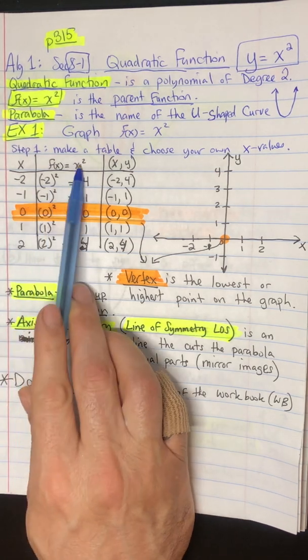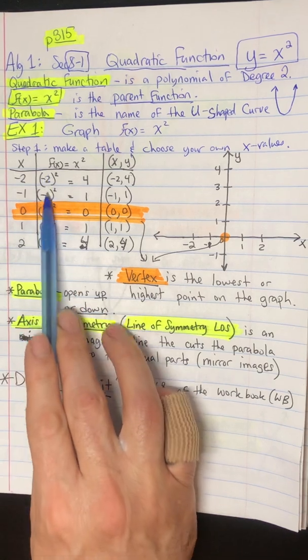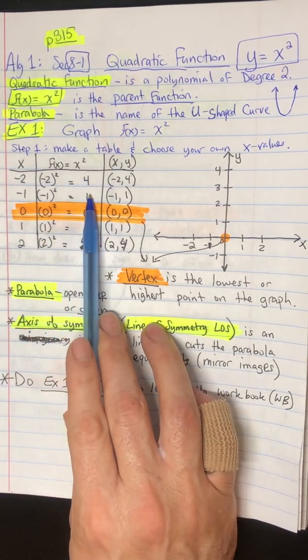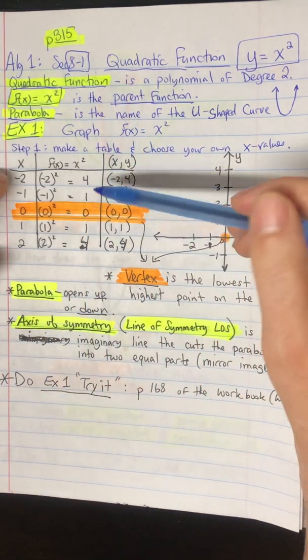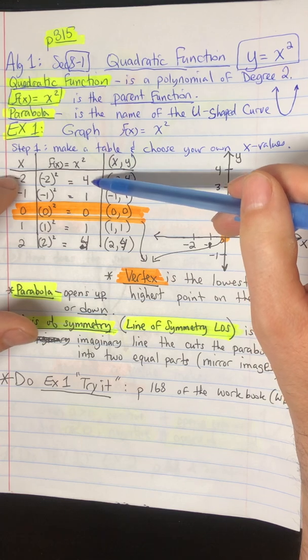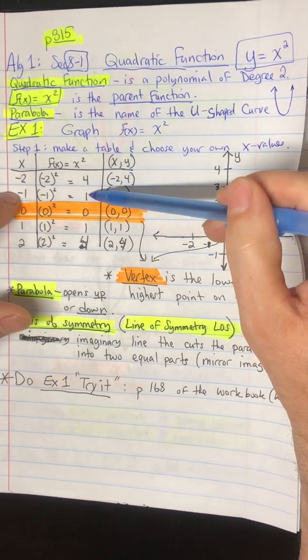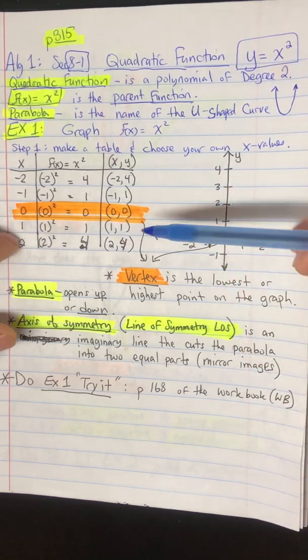So again, for x squared, we just replace x with -2, -1, 0, 1, 2. We square each of these numbers, and we get 4, 1, 0, 1, 4. So these are the corresponding points you get when you plug these in: (-2, 4), (-1, 1), (0, 0), the origin, (1, 1), and (2, 4).